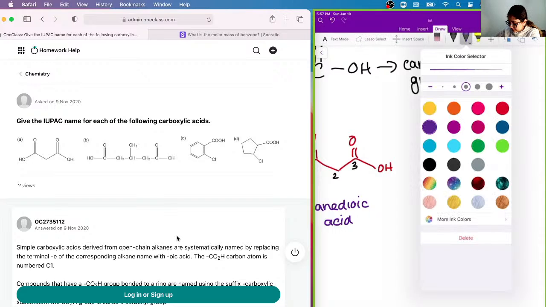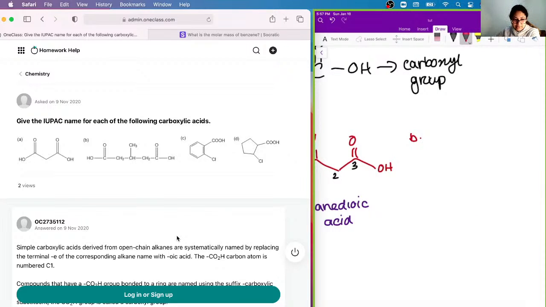And B, so for B we have this big carbon chain.